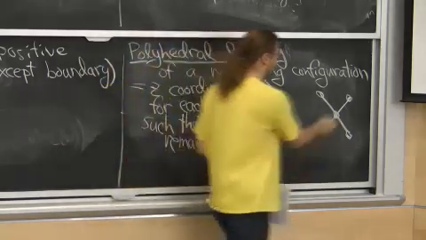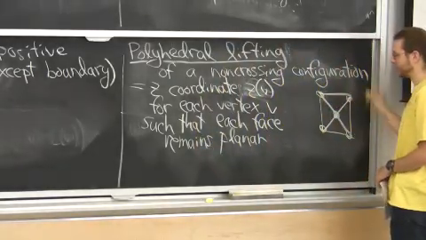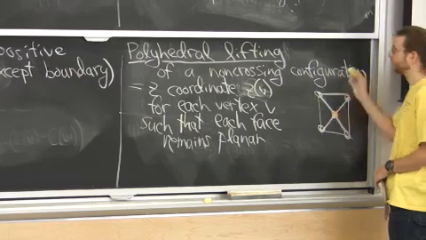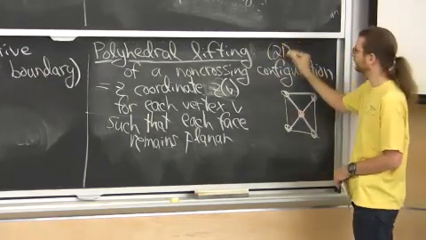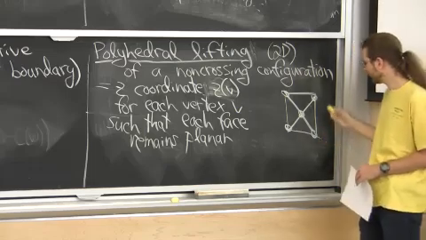Okay, because I forbid crossings, I end up decomposing the plane here into faces. This only works in 2 dimensions, I should say. This is one thing that does not generalize to arbitrary dimension.